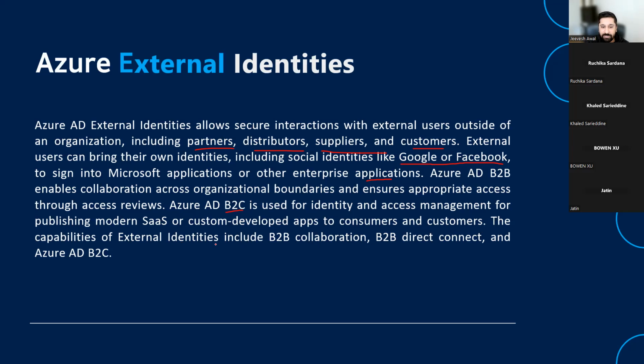The capabilities of external identities include B2B collaboration, B2B direct connect, and Azure AD B2C. We do not need to know about the last line, that is just there, as it was a part of the documentation. But from an exam standpoint of view, what we need to know is Azure external identity is a feature in Azure that we could use so that we do not enforce everyone to have a Microsoft account.